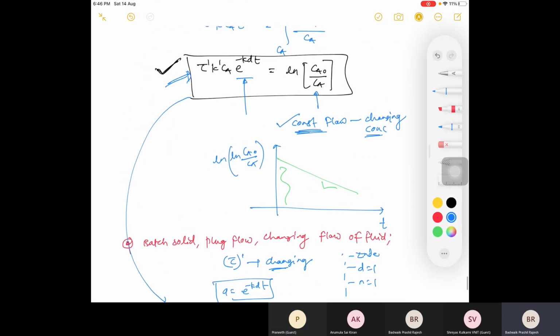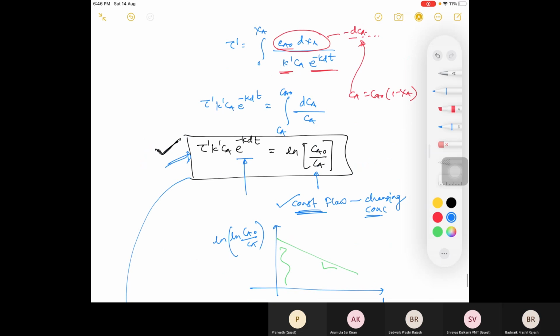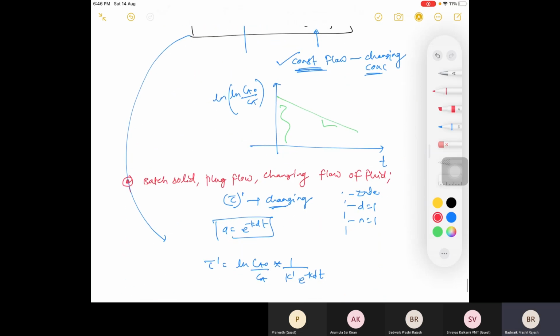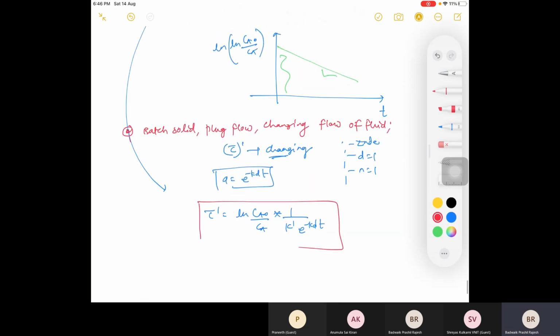Where is Ca? I think Ca should not be there, right? Yes, sir, this Ca should not be there. Okay, so this is your equation.